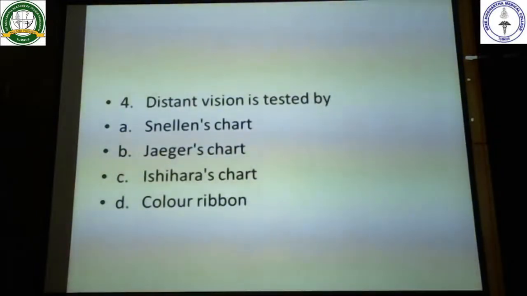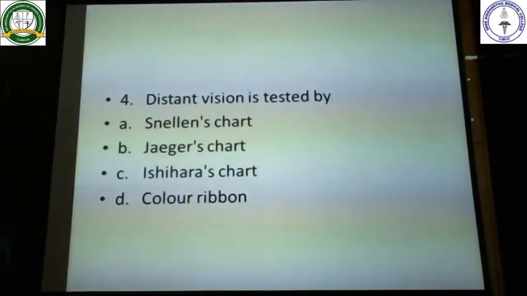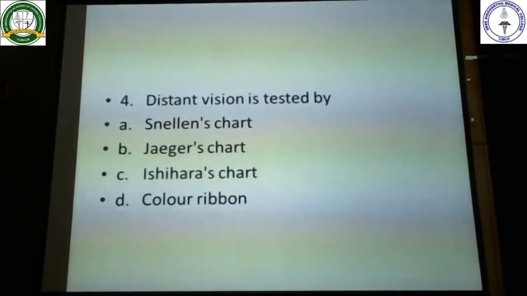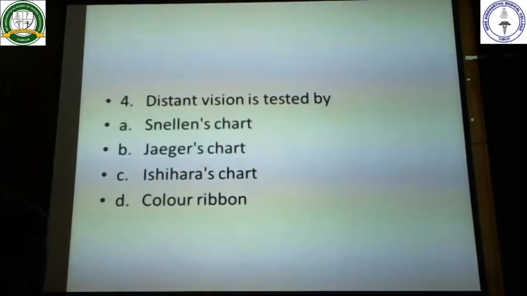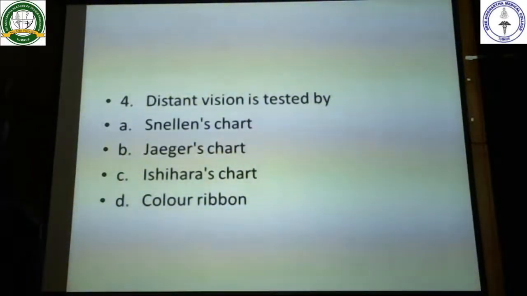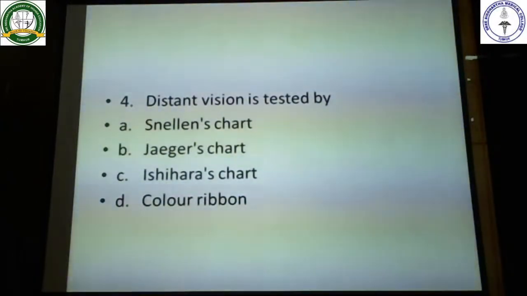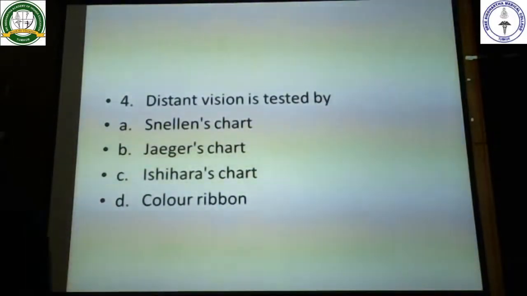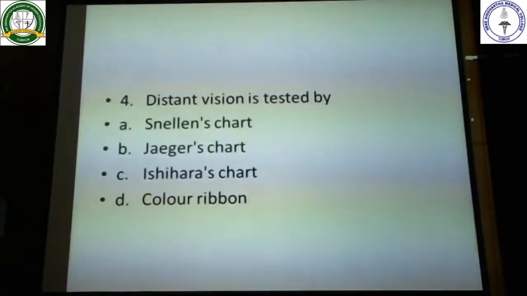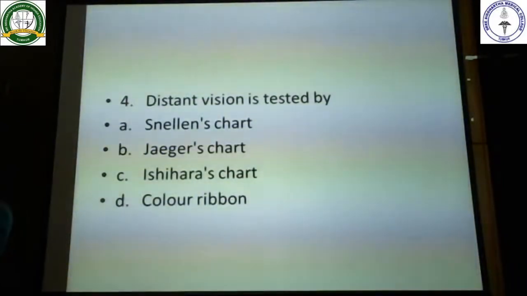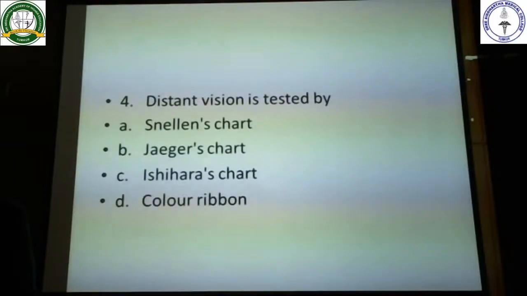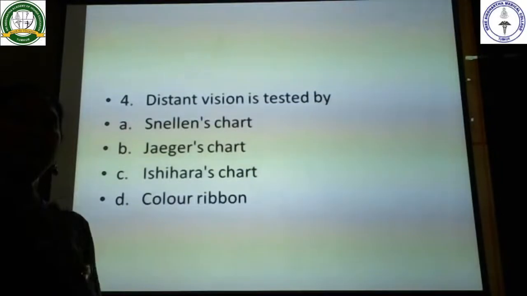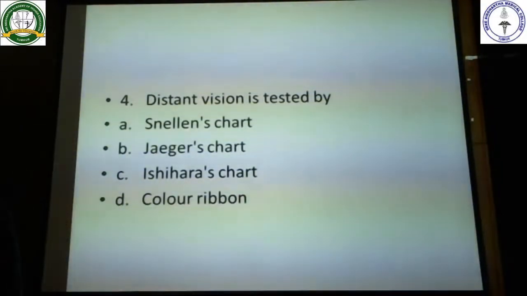Distant vision is tested by Snellen's chart. I know cranial nerves is not done yet, but Snellen's chart is a chart kept at 6 meters distance, with alphabets or letters, where the first letter will be big and broad, and as the lines taper, the letters become smaller.